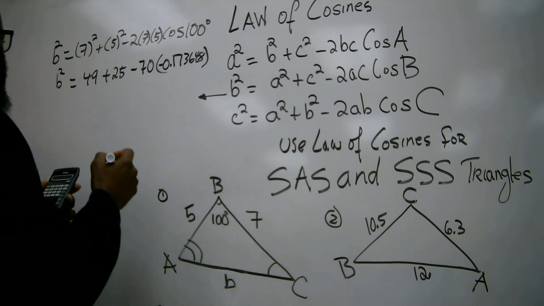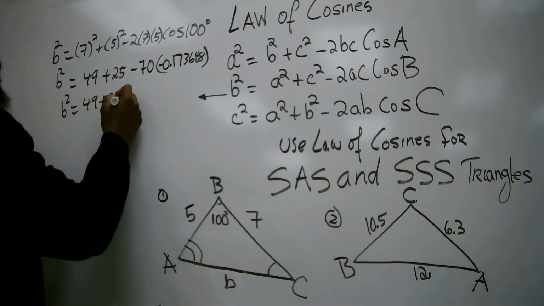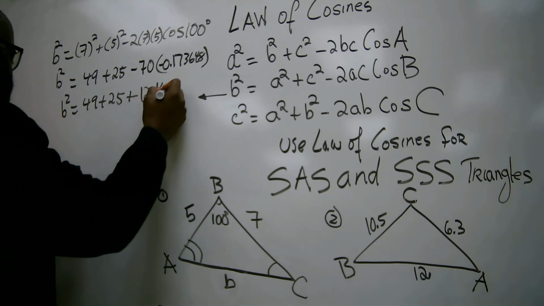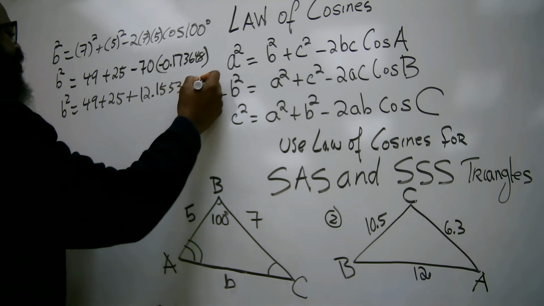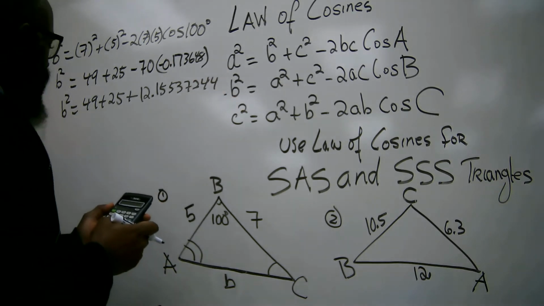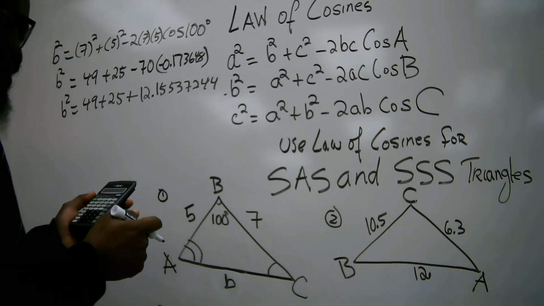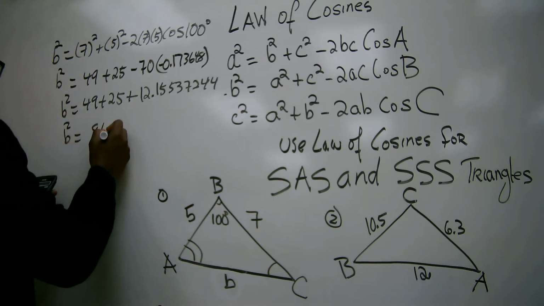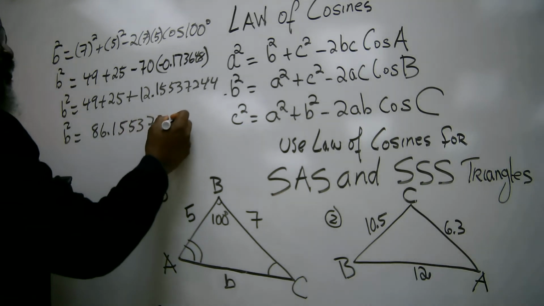I will have B squared is equal to 49 plus 25 plus 12.15537244. I insert everything in the calculator, plus 49 plus 25, and I get B squared happens to be 86.15537244.